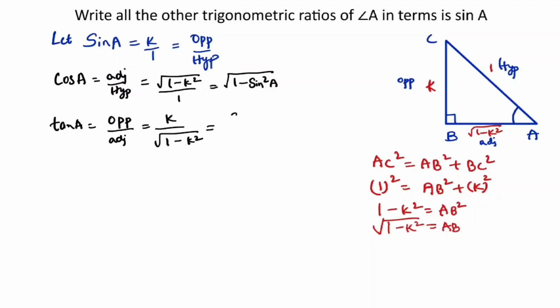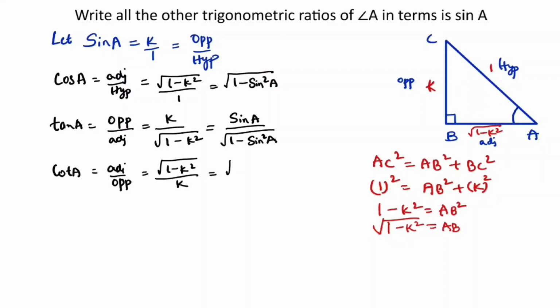And wherever is K, there I need to write sin A. Sin A by under root 1 minus sin square A. Next, in the same way, cot A. Adjacent by opposite. Adjacent is under root 1 minus K square, by opposite is K. So under root 1 minus sin square A by sin A.